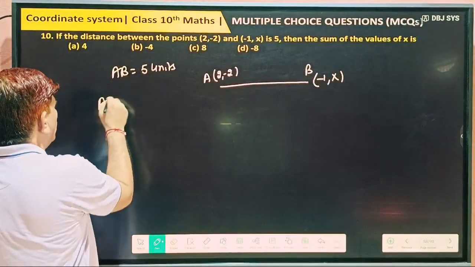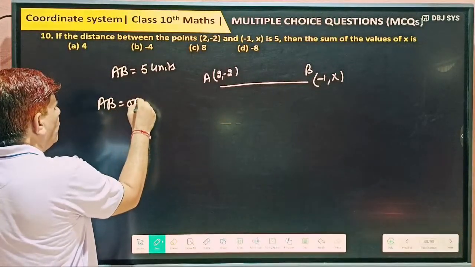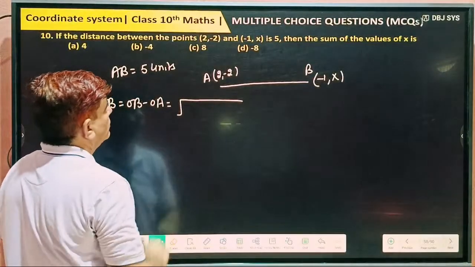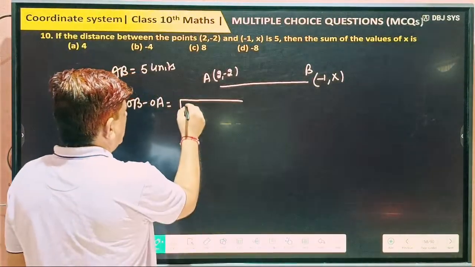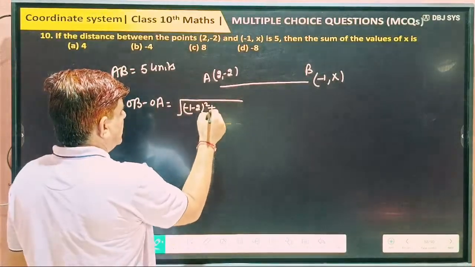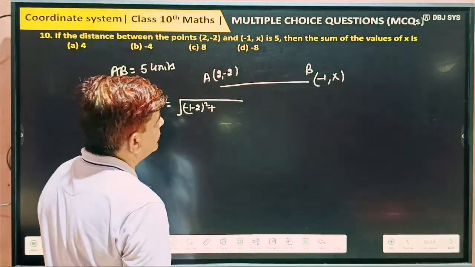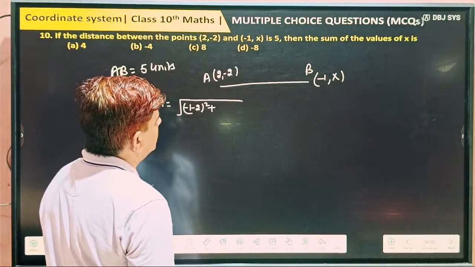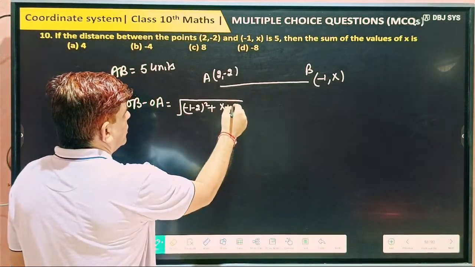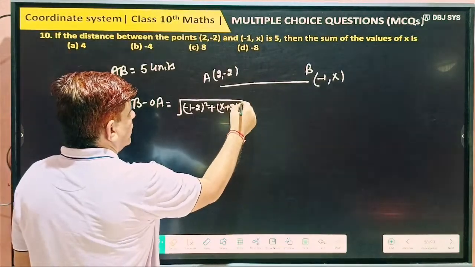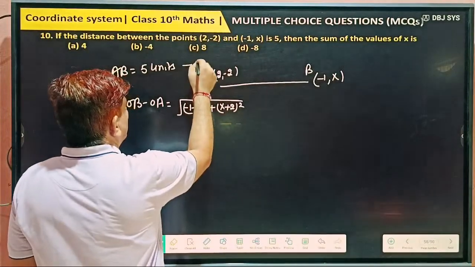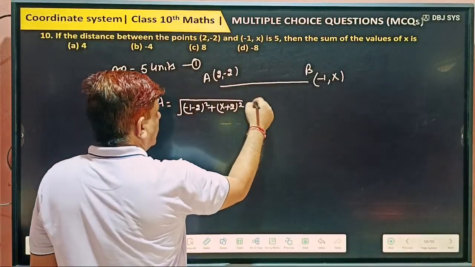And AB according to the distance formula is under the root of (-1 - 2) whole square plus (x + 2) whole square. This is your number 1. This is number 2.